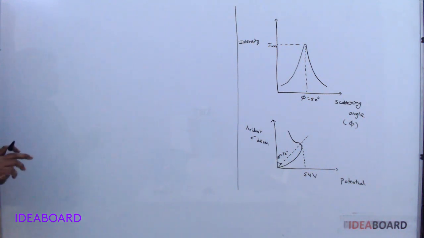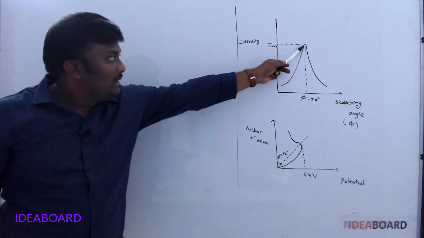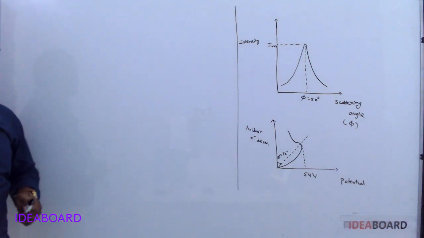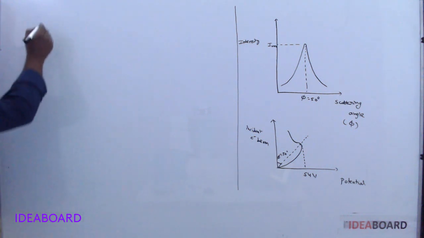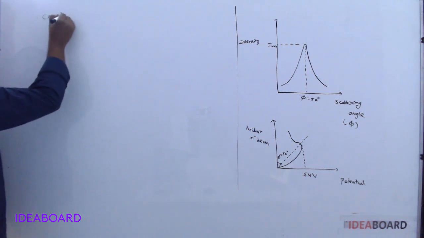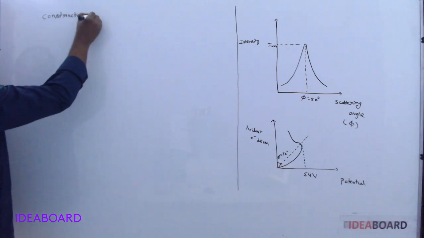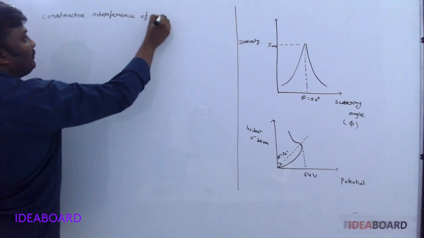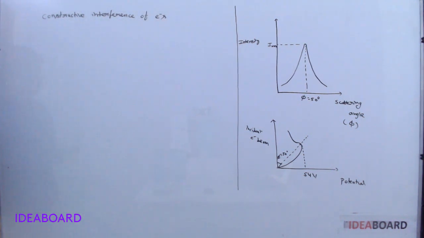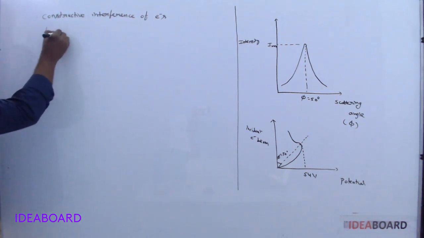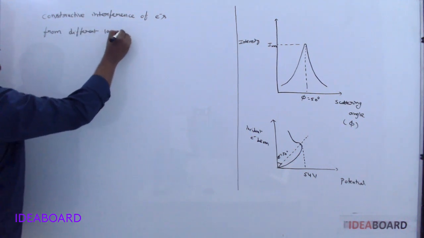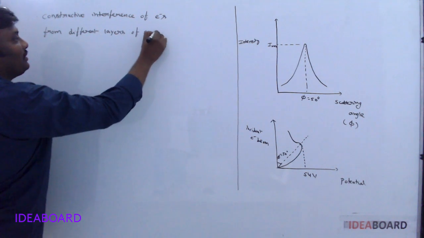Okay, the appearance of the peak at a particular direction is mainly due to the constructive interference of electrons from different layers of the crystal.